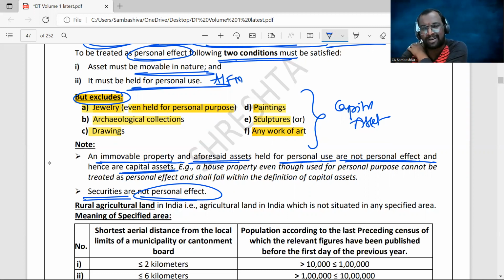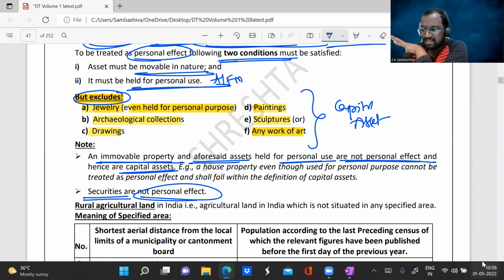Can you do any work on the shares? Share is an intangible asset, ma'am. Yes or no? When you purchase the shares now, the shares will be credited to your demat account. Earlier, we used to have physical share certificates. Nowadays, all the share certificates are dematerialized.